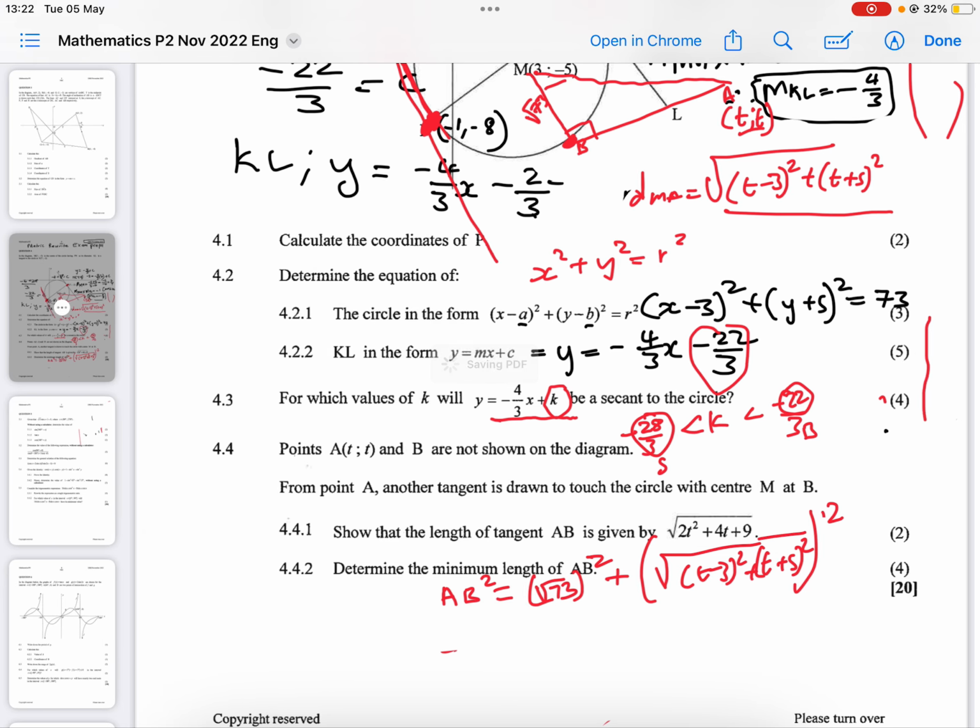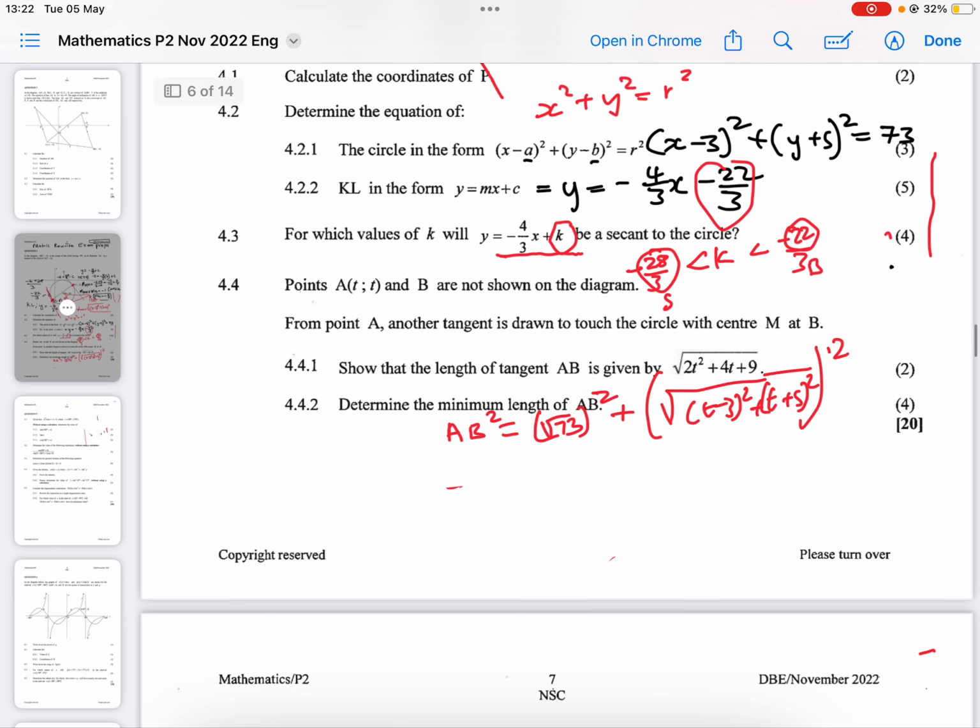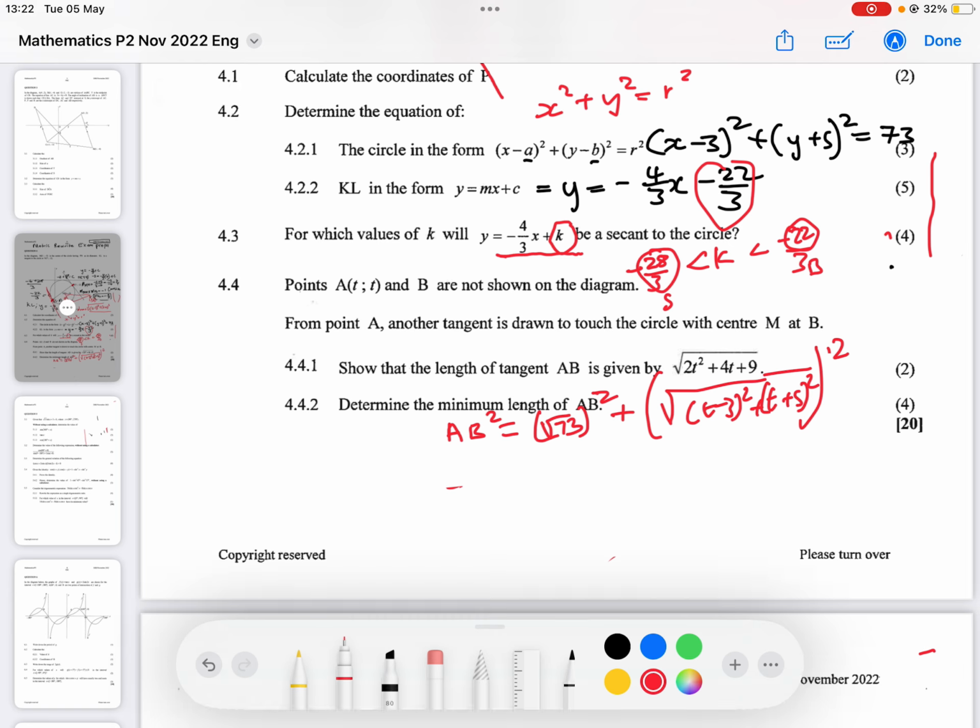What does this mean now? It means that AB squared is equal to, the 2 will cancel the root, 73 then the 2 will cancel the root, then I have (t minus 3) squared plus (t plus 5) squared.